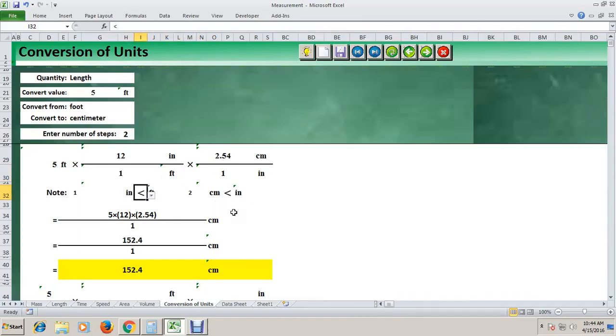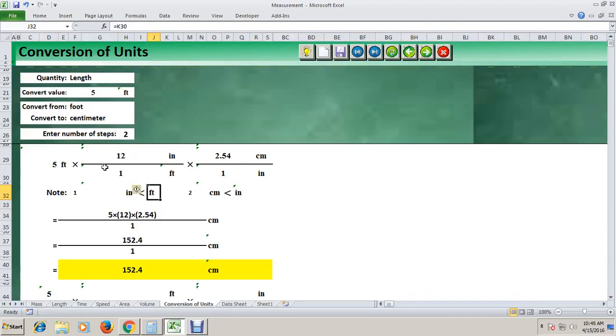Between the unit inches and the unit foot, inches is actually the lesser measure. So that means between inches and foot, inches is lesser in terms of measure, as compared to the foot.